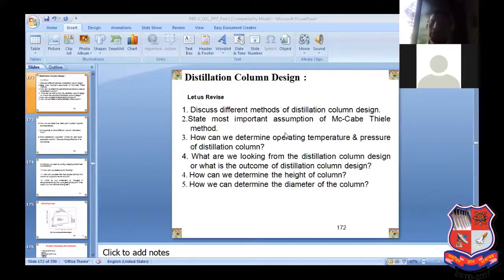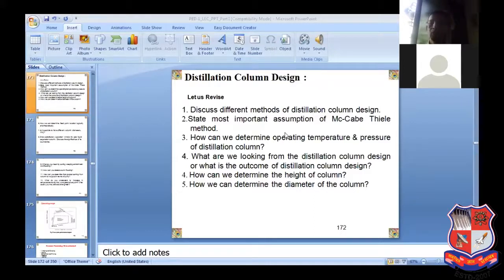So all the liquid inside the distillation column is saturated liquid, and all the vapor molecules are only saturated vapor. Saturated liquid is the bubble point, and saturated vapor is the dew point. So we operate our distillation column in the range from bubble point to dew point.